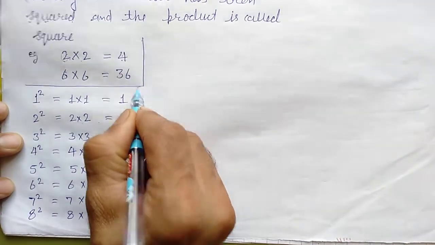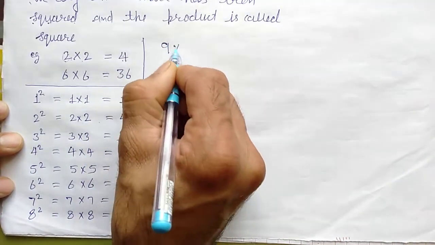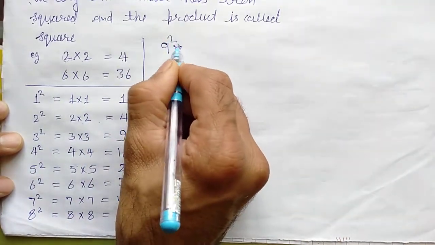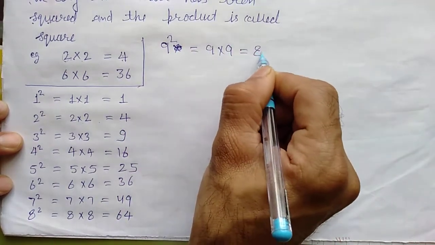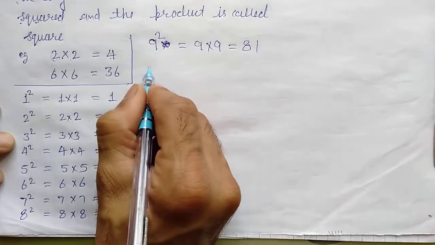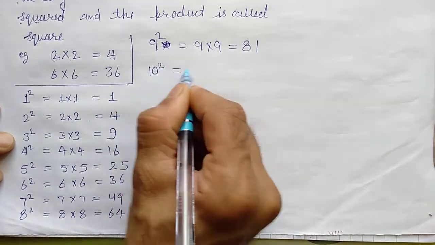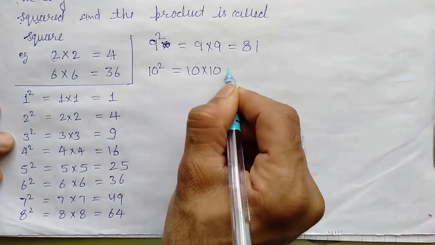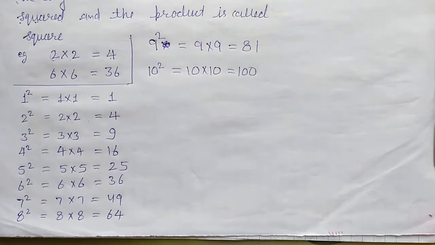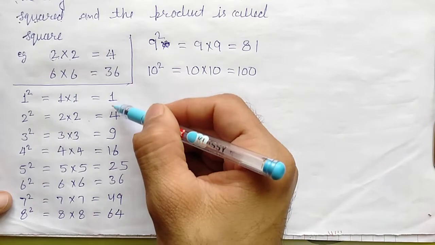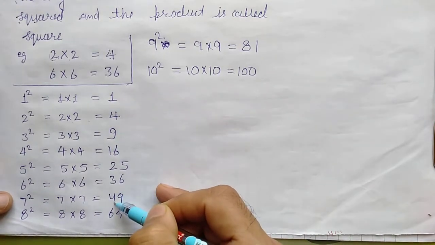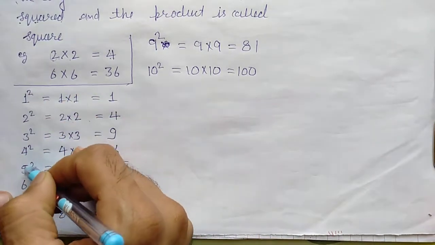And next I am going to write 9 squared is equal to 9 multiplied by 9, equal to 81. And 10 squared is equal to 10 multiplied by 10, which means 100. Done. These are the squares and these are the numbers.